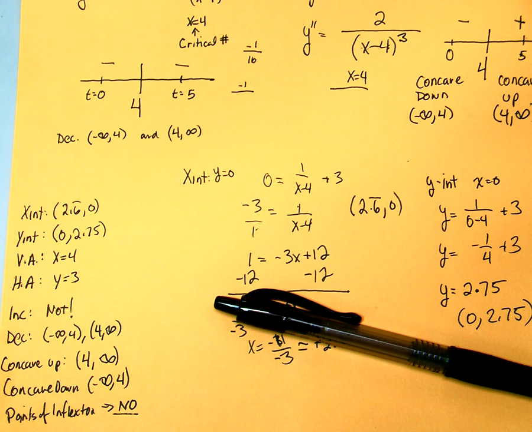If I go to negative infinity, 1 over x minus 4 plus 3, this would be equal to 1 over negative infinity plus 3. Is it going towards 3? Yeah, because this would be 0 plus 3, which is 3. So that says this guy right here is going towards 3.